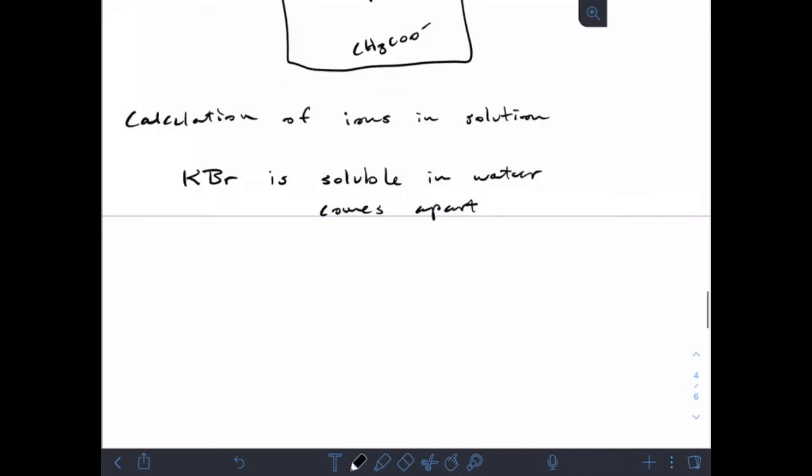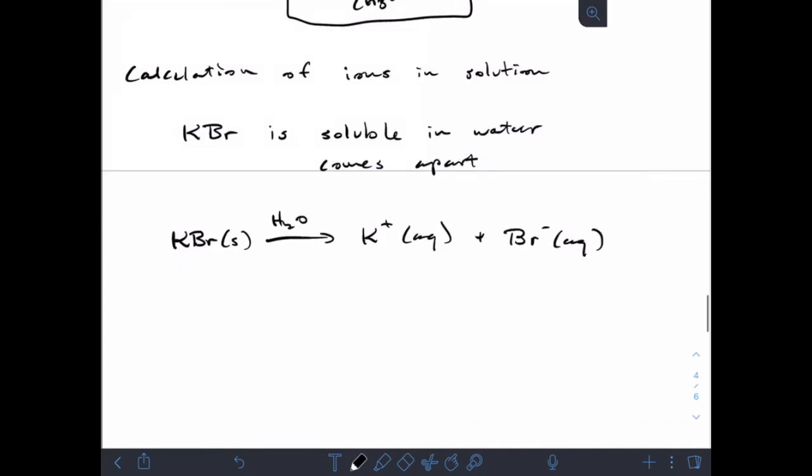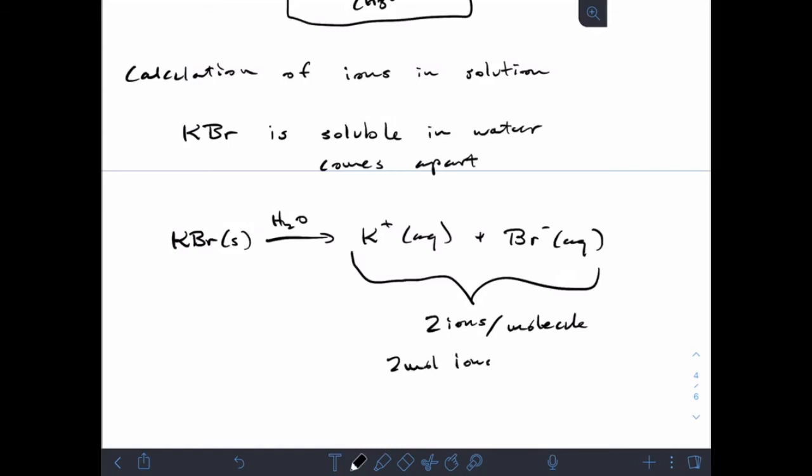If I have some solid KBr and I put it in some H2O, I get some potassium plus aqueous and some bromide minus aqueous. So that means that I have 2 ions per molecule. I can also say 2 moles of ions per mole of molecules.